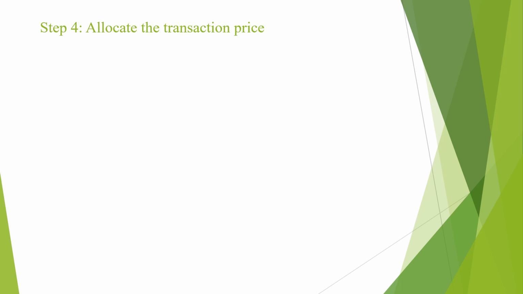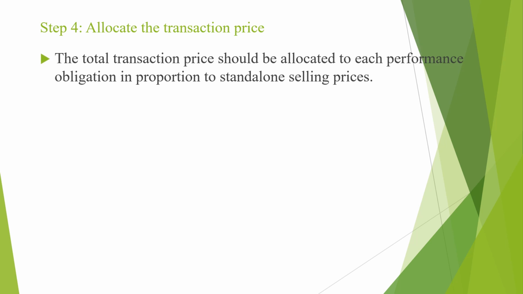Now let's go to the fourth step. Allocate the transaction price. The total transaction price should be allocated to each performance obligation in proportion to the stand-alone selling price. Stand-alone selling price is nothing but, if you wanted to offer the services or the goods individually, what would be the selling price?